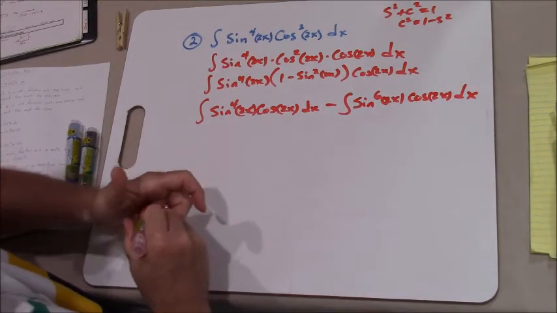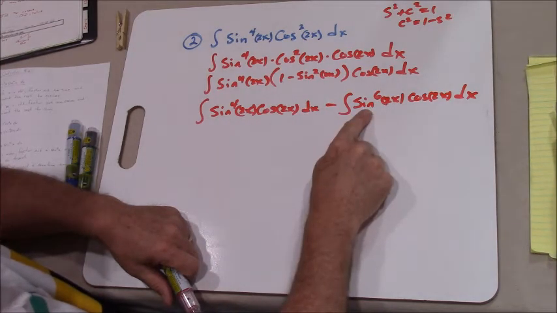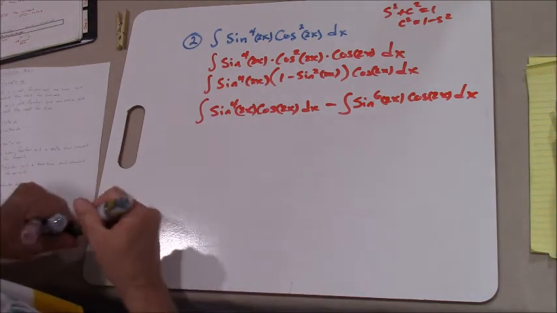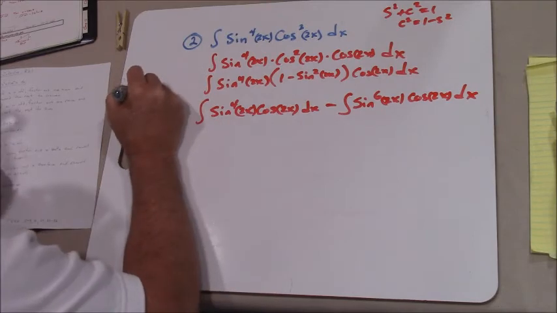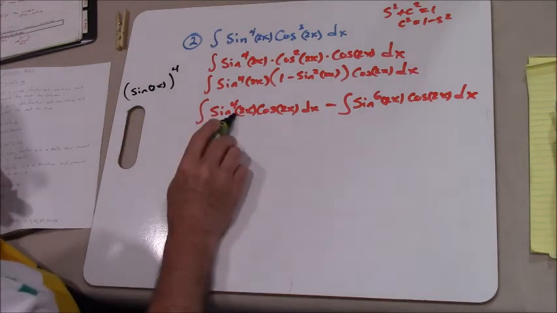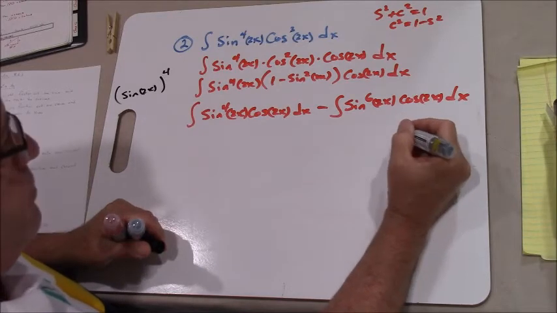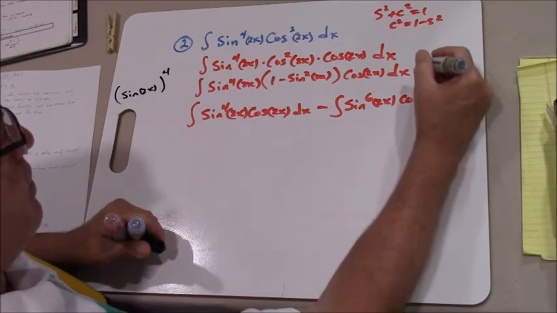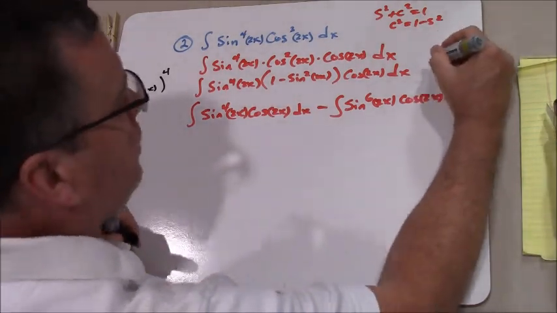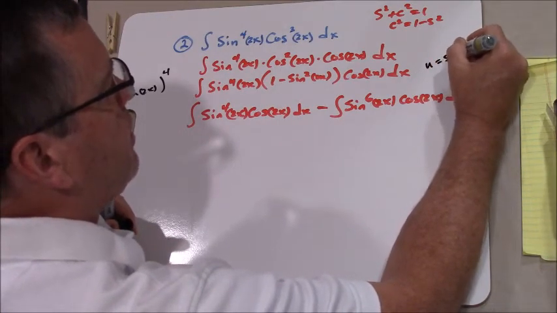Right, so now we're just going to think of these as something inside parentheses raised to an exponent, right? Because we should be writing it this way. Sine of 2x and then to the fourth, right? All right, so we're going to let u equal sine of 2x.